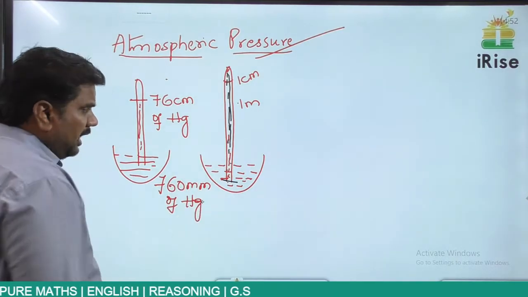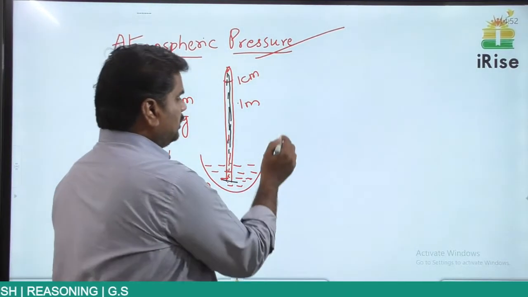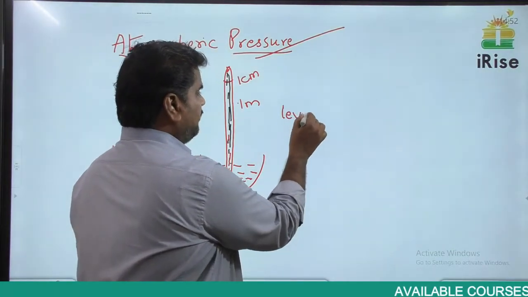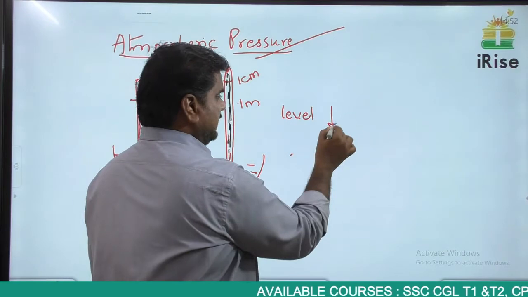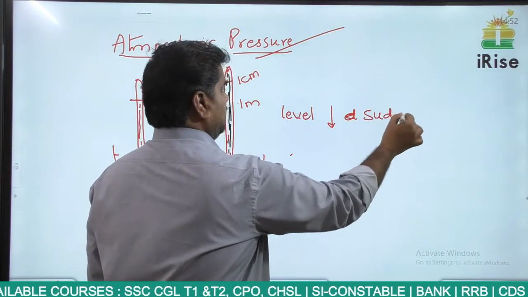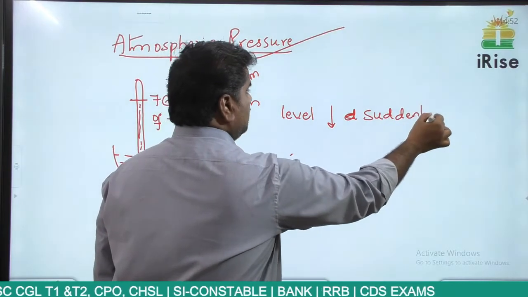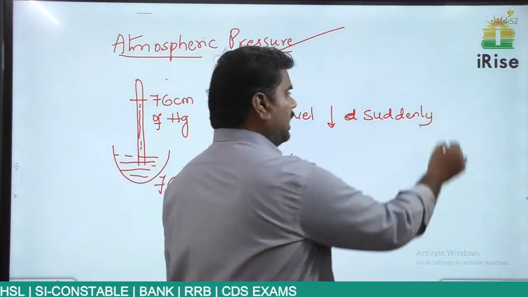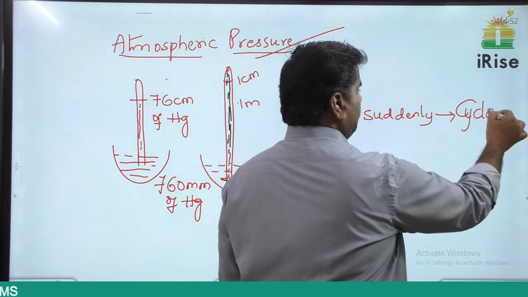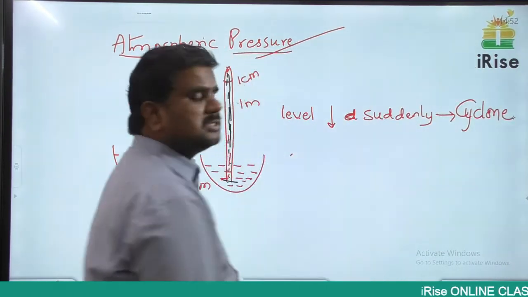Right? Now, if the level of mercury in the glass tube starts decreasing suddenly, if the level of mercury in a particular barometer starts decreasing suddenly, then in that case it indicates or predicts the formation of a cyclone.